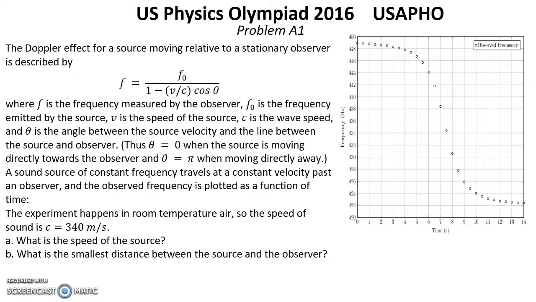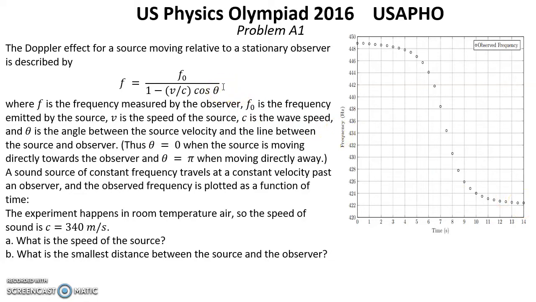Solution for problem A1. Question A. If we look at this graph, we can see that for time equal 0, we have almost 0 degrees theta, and for time 14 seconds it's almost 90 degrees.